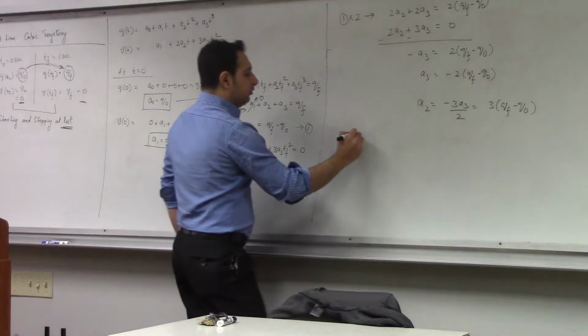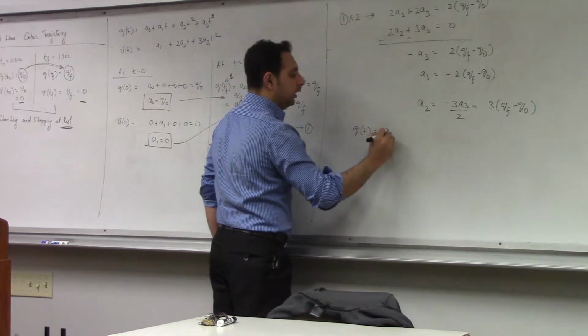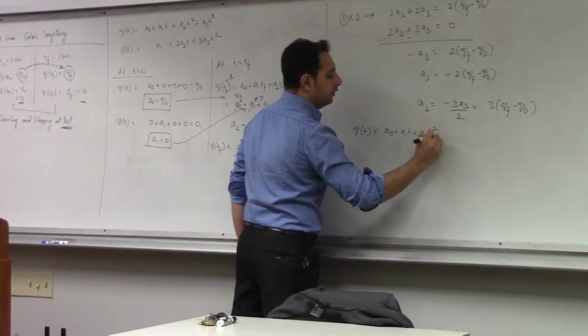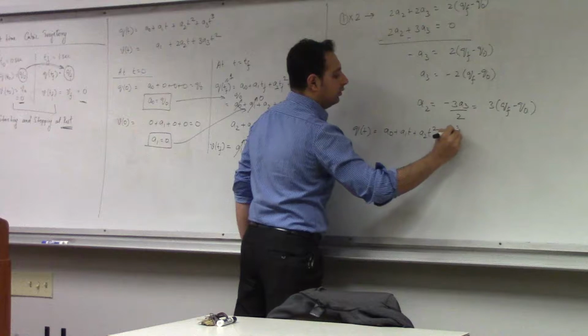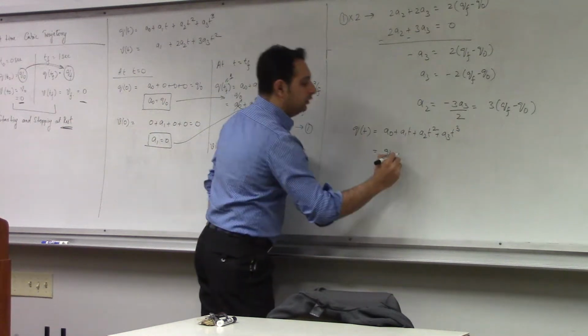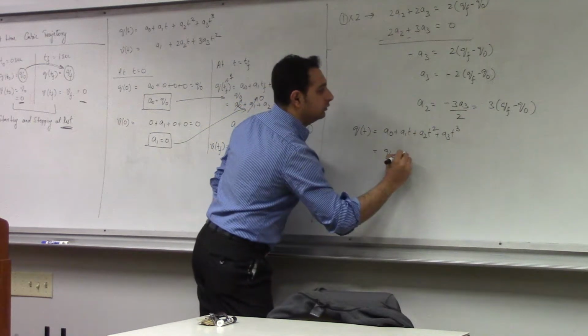So we can write q of t, which was equal to a naught plus a1 t plus a2 t square plus a3 t cube. A naught is q naught, a1 is 0, plus a2, a2 is this.